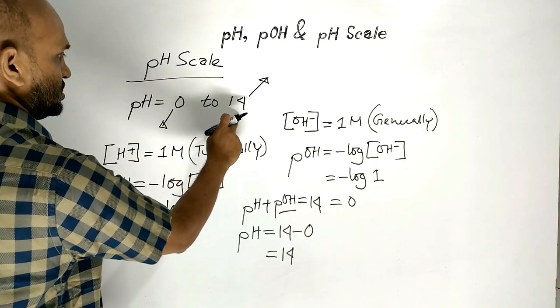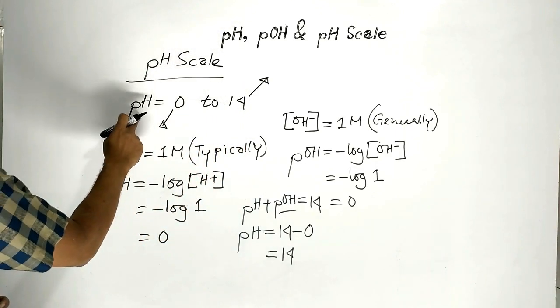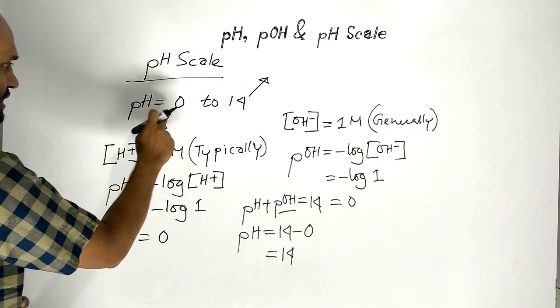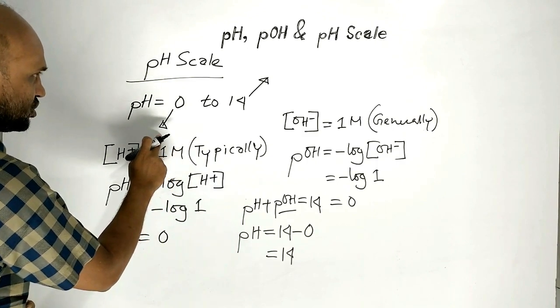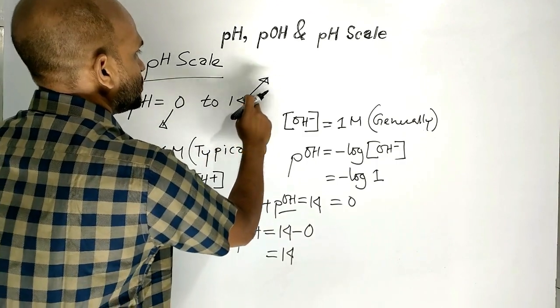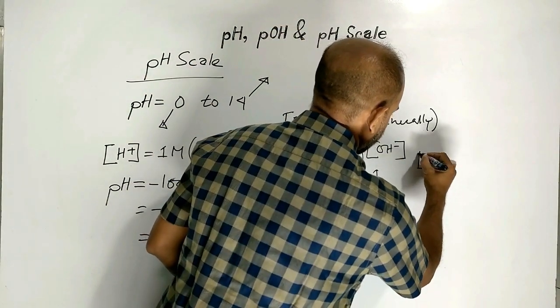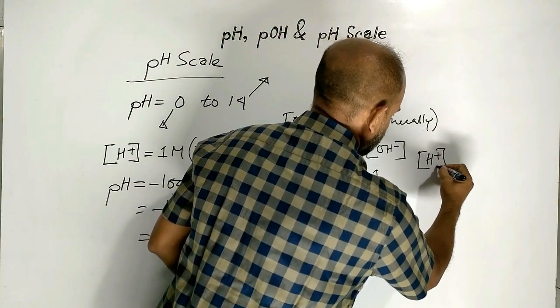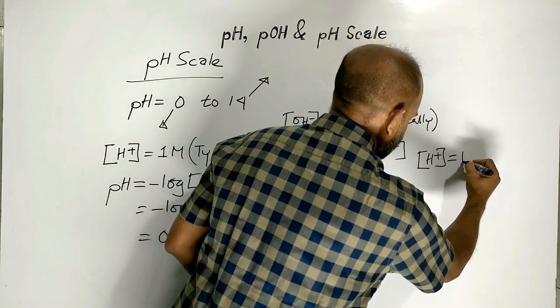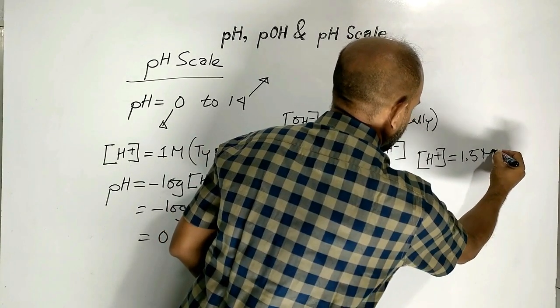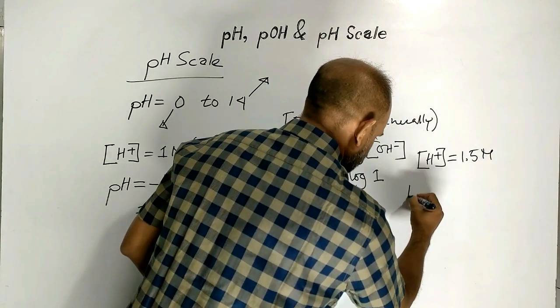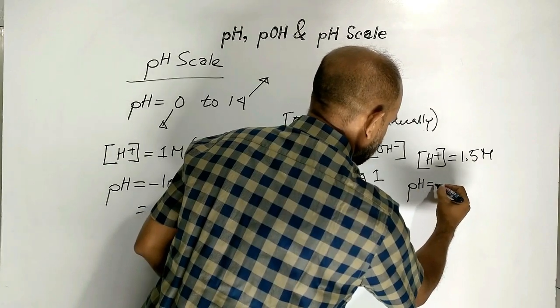We know that pH value can be less than 0 and more than 14. When? Let us see the matter. Suppose hydrogen ion concentration is 1.5 molar. Then what will be pH?